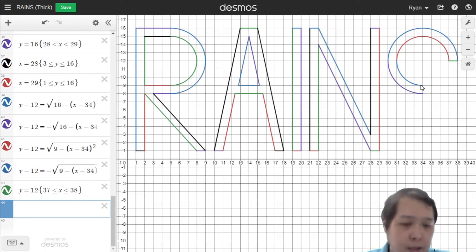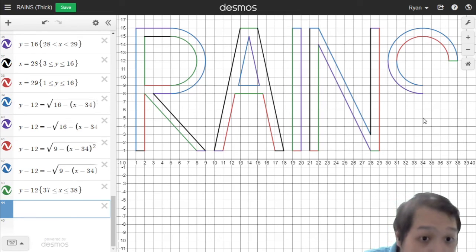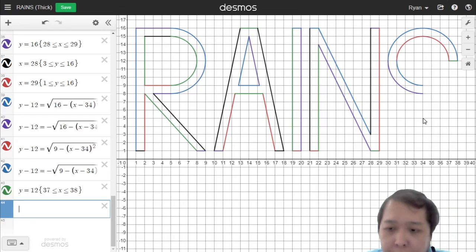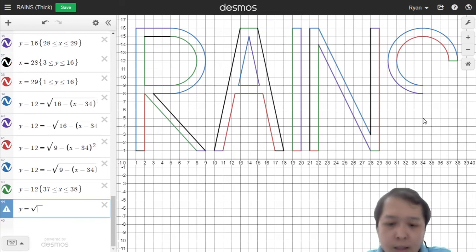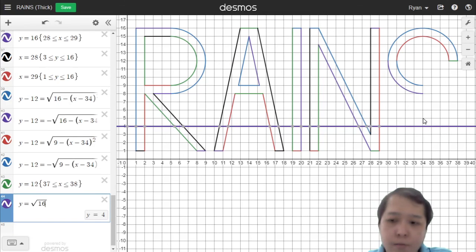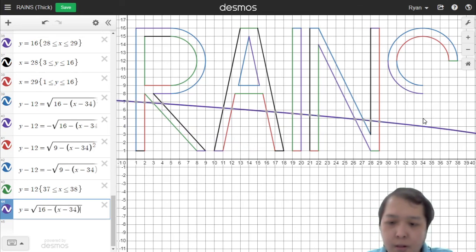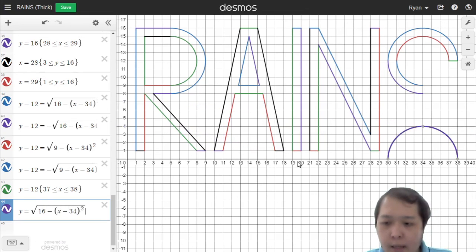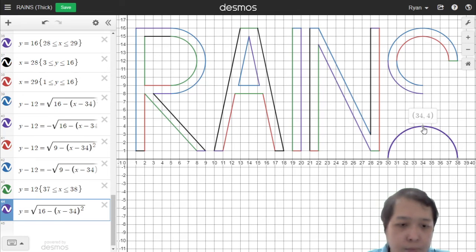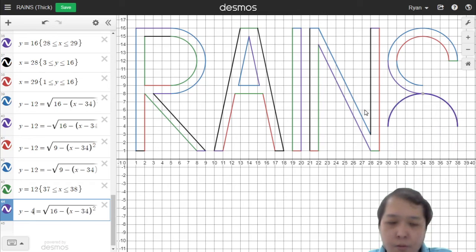Now this one, the outer part of the bottom part of letter S. The center is here, 34, 5. So y is, what? Y is square root of course sqrt, radius 4, so it's 16, 4 squared, right? Minus x 34 squared. And yeah, this one, don't forget, minus 5.